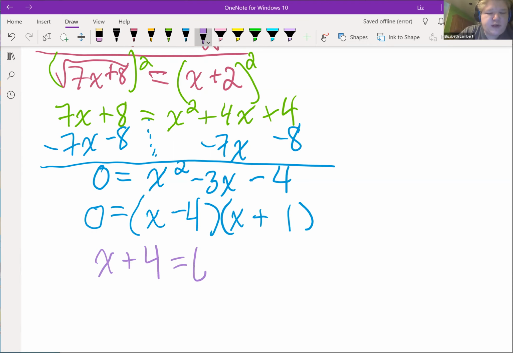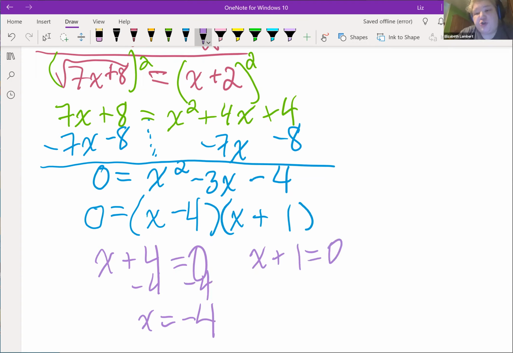Of x plus 4 equals 0, so x is negative 4 is one of our potential solutions. Now gut instinct might be, oh, it's negative. I can't have a negative inside the radical, which is totally true. But we do sometimes get a negative solution to the radical.